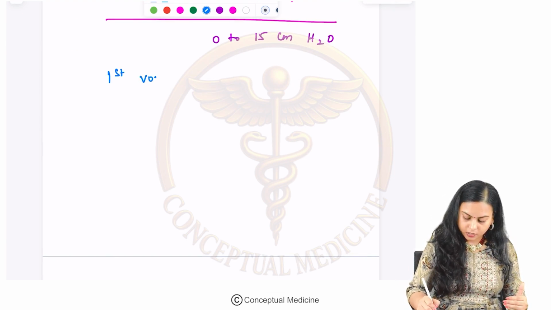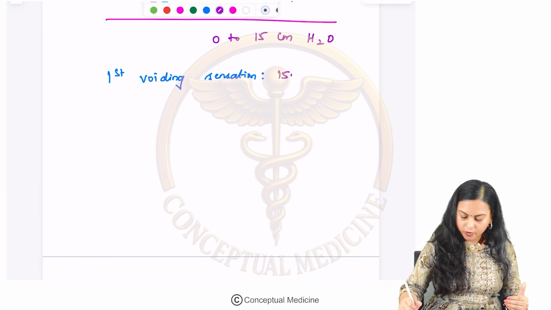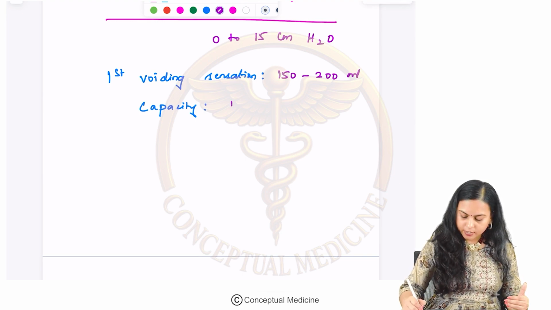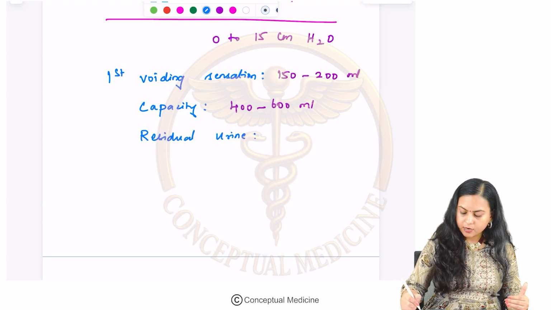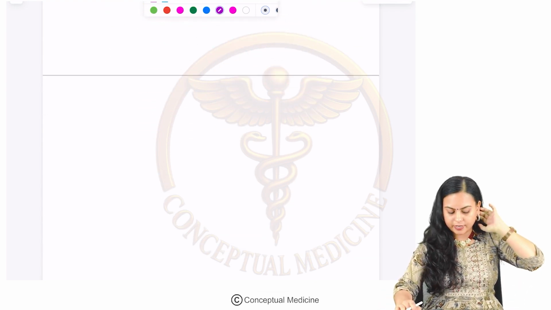The first voiding sensation comes when the bladder gets filled with 150 to 200 ml of urine. Actually, the capacity of the bladder is about 400 to 600 ml, and then residual urine usually should be less than 50 ml. Clear? Right.